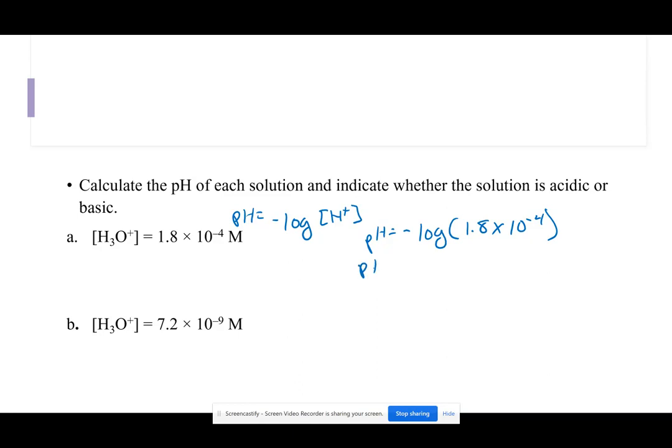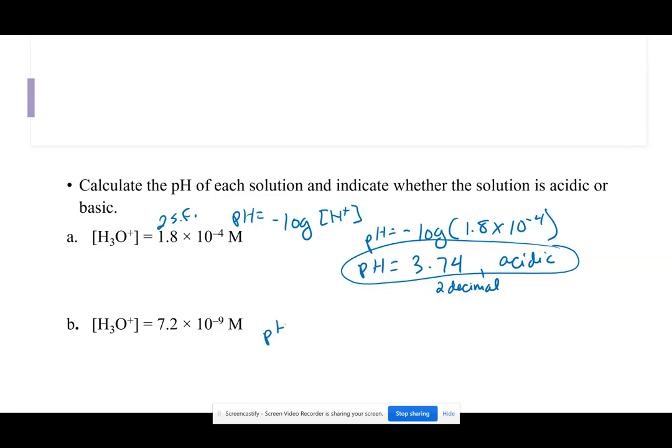You're going to get a pH of 3.74. pH does not have a unit, so the pH is 3.74. My concentration had 2 sig figs, so I take my pH to 2 decimals. That's the sig fig rule. A pH less than 7 is acidic, so that would be my answer.